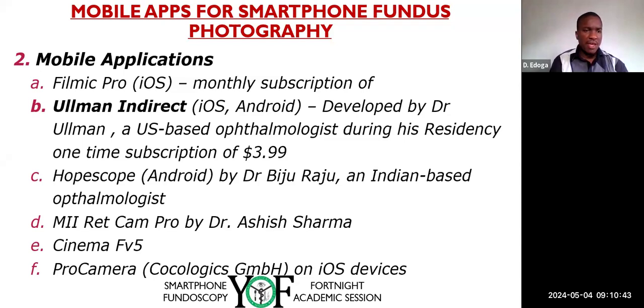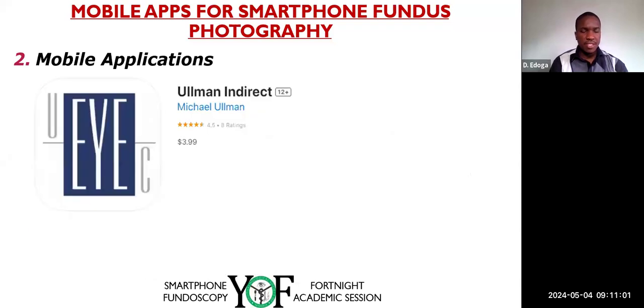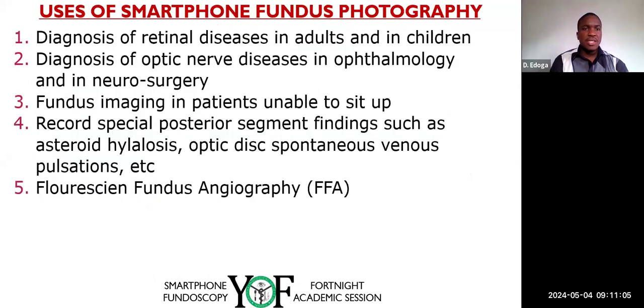Then for the other one, Cinema LV5, it has also been used. Pro Camera has also been used. Human Indirect, Hope Scope, and M2 Red are available on both iOS, that's for iPhones, and Android. So this is the icon for Human Indirect.